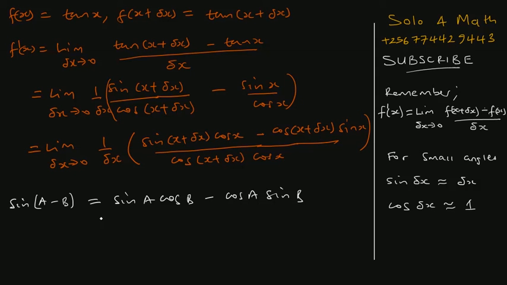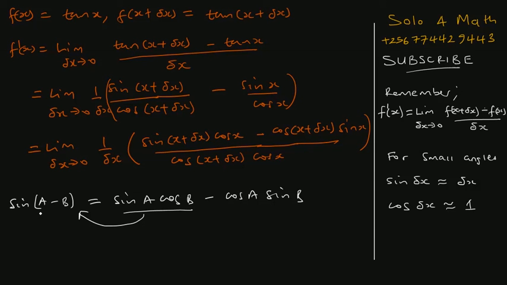So we want to compare this with this. This is like our angle A, which is also here on cos. Then this x is our B, which is also here on the sine. Now I want to go in reverse so that we have it in this simplified form.